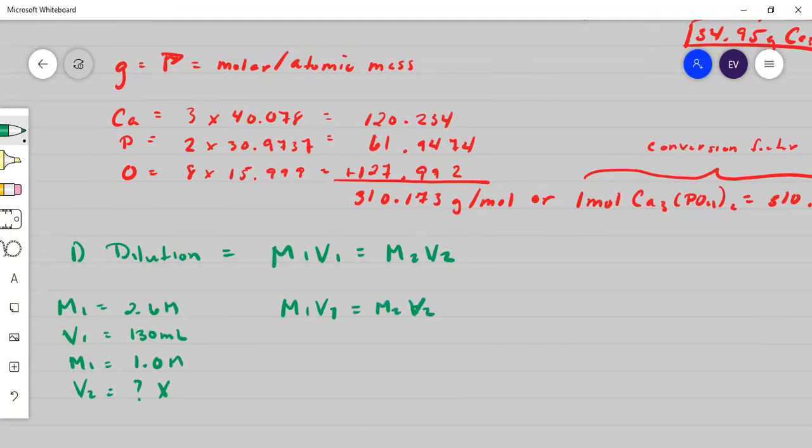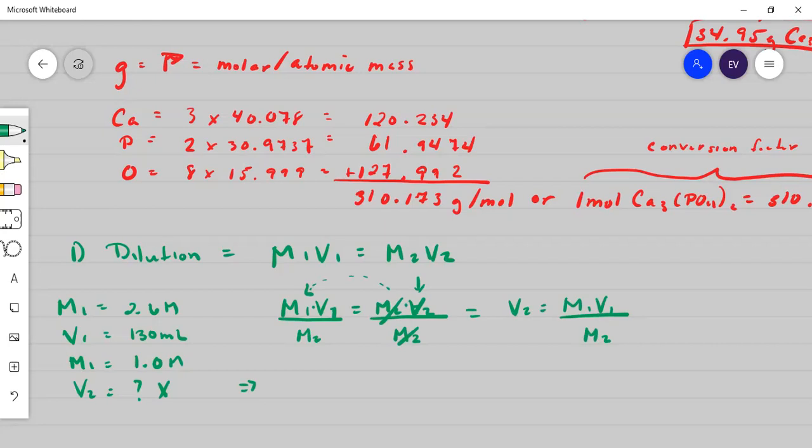To solve for V2, I have to get M2 and bring it over. Now, M2 and V2 are multiplying. To move something to the other side of the equal sign, I have to do the opposite operation, so I'm going to divide by M2. If I do it to one side of the equal sign, I have to do it to the other. So these cancel, and to solve for V2, I'm going to take M1 times V1 and divide all that by M2.